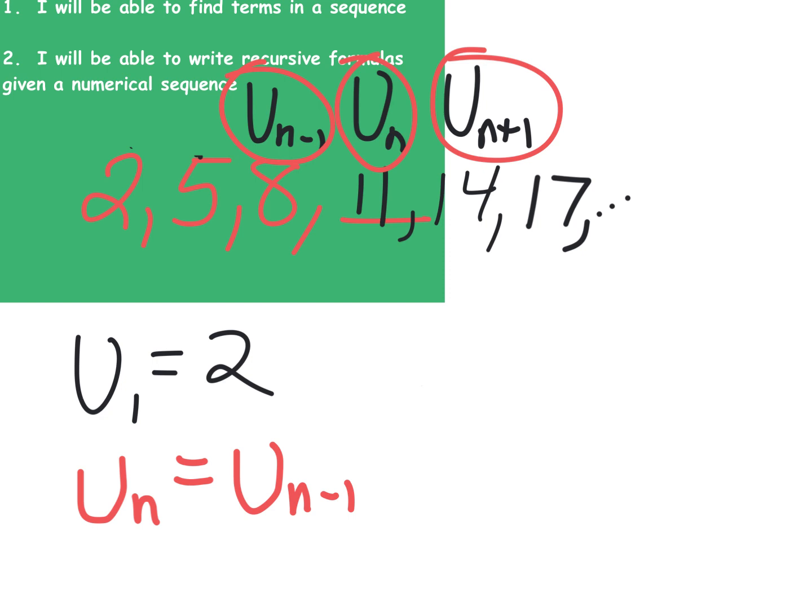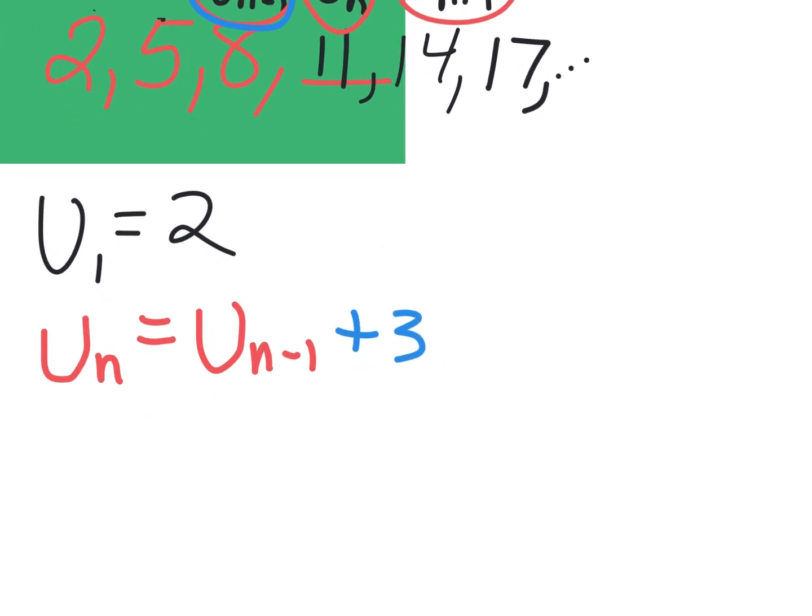The term in front of it was here, so to get the next thing, we add 3. All right, so there is how you make a math recursion equation. You start with whatever the first term is, then you tell them any random term is given by the term in front of it, U sub n minus 1.